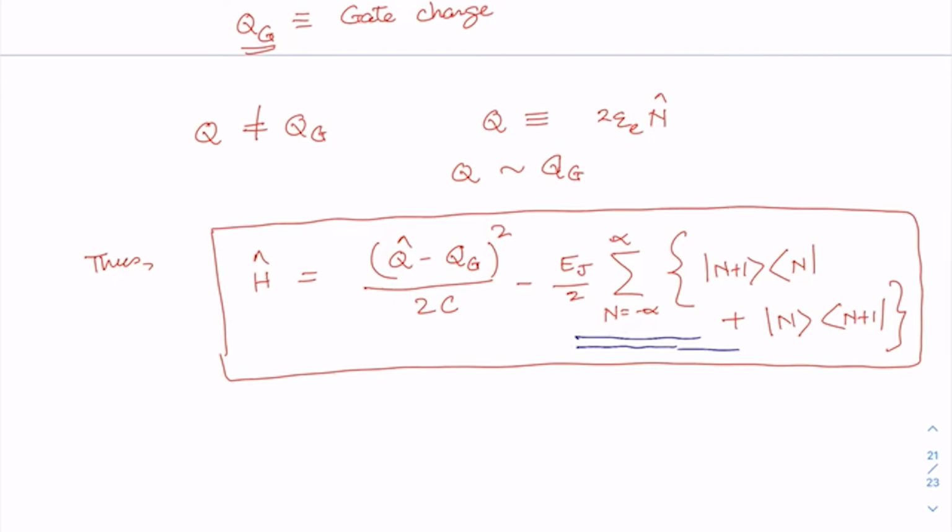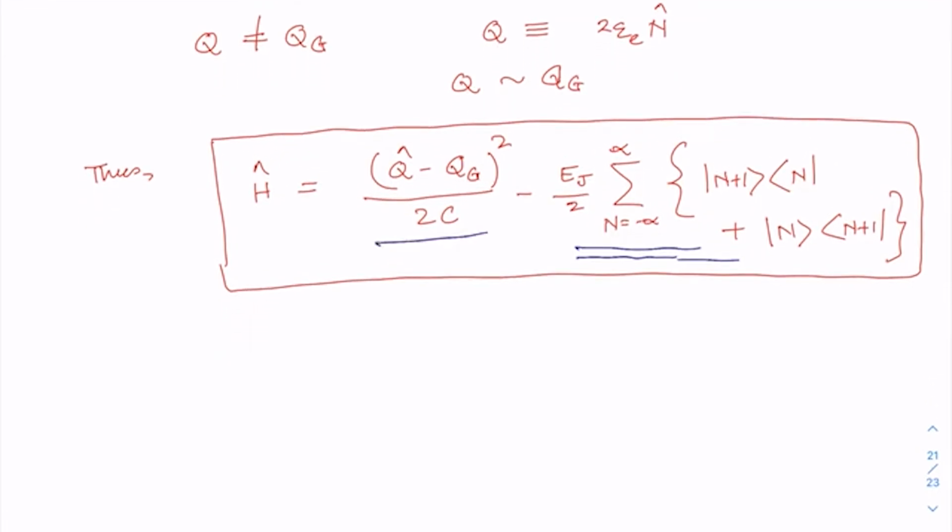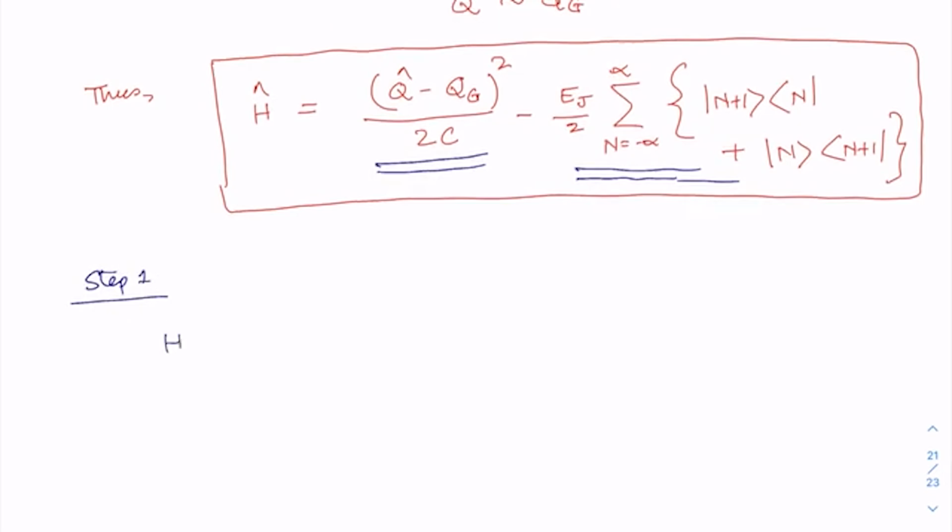So in step 1, we will consider only the charging part of the Hamiltonian, which is (Q minus Qg) squared divided by twice C.